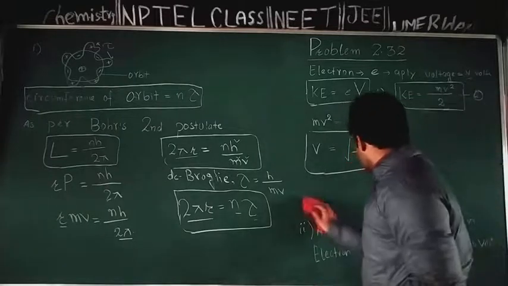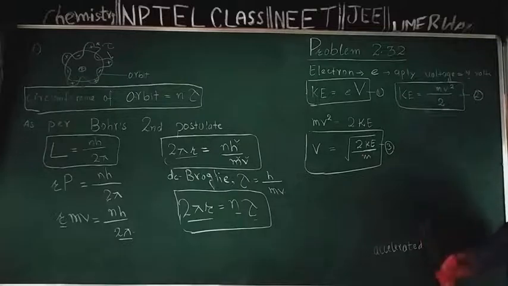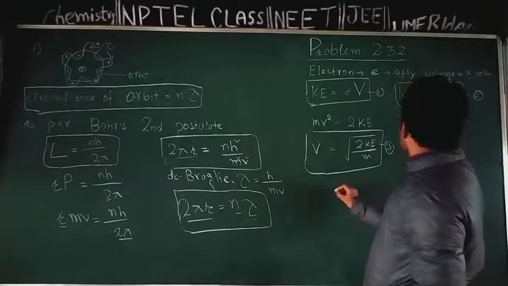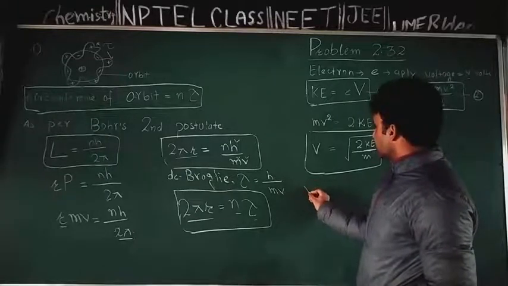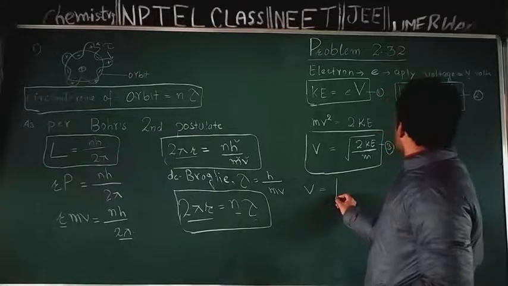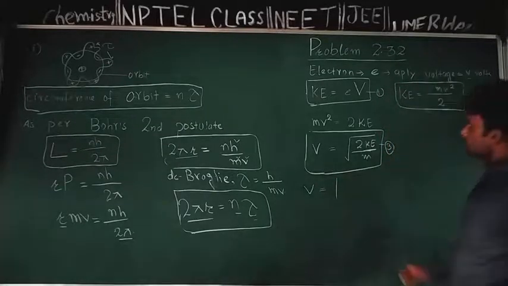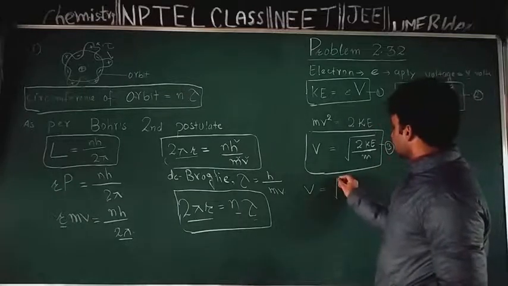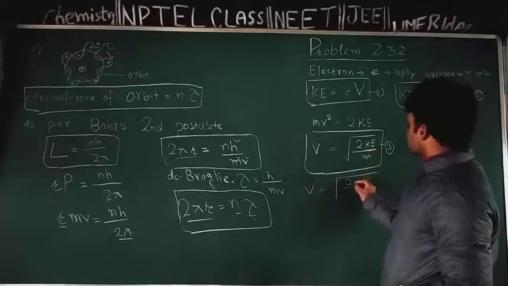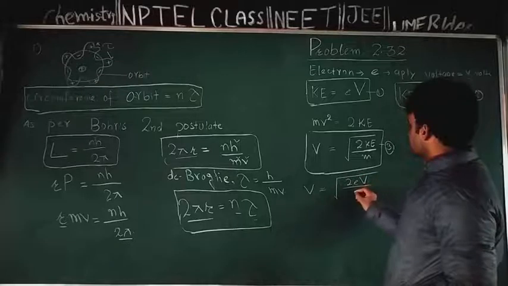From first and third, remember voltage is 10,000 volt. From first and third, I can write velocity is equal to under root of twice, instead of kinetic energy we write the product of e and voltage, divided by m.